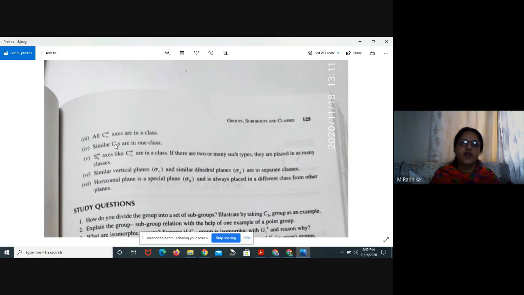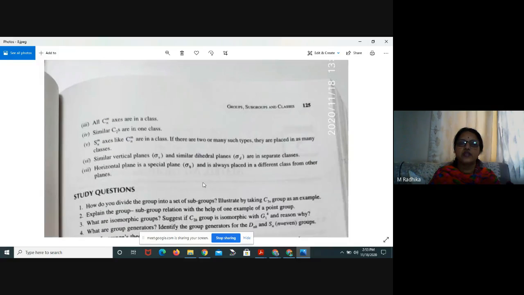Then all the C2s, the secondary axes, will come in one class. Then all the improper axes also come as a class. If there are many, you will be placing them in as many classes as possible. Then vertical planes and sigma d, the dihedral planes, are in separate classes. The horizontal plane will again be placed in a different class.